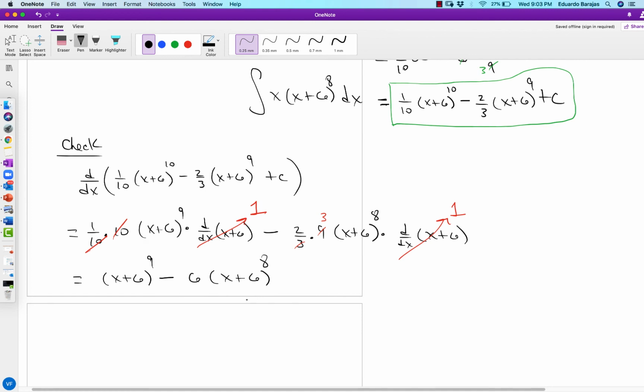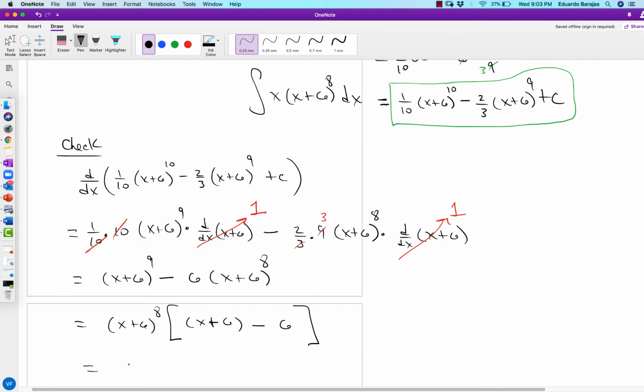Good. Okay, so now we can factor out an x plus 6. Both of these terms have an x plus 6. Well, they have 8 of them, in fact. So we get (x plus 6) to the power of 8 factored out. And then what we have here is one more copy of x plus 6 minus 6.